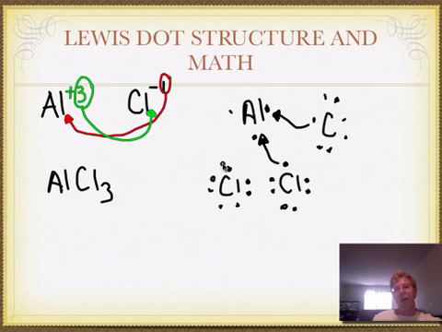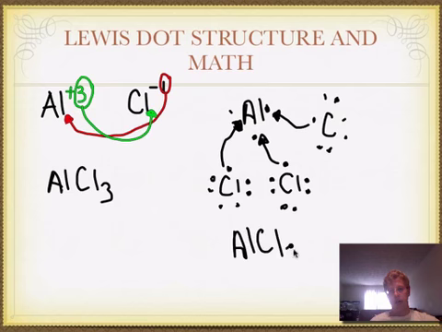The reason this works, again, is remember we said that ionic compounds, even though each part has a charge to it, so you'll have a cation and an anion, overall the compound has to have no charge. Right?